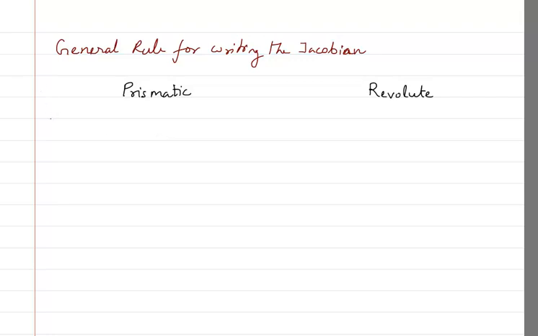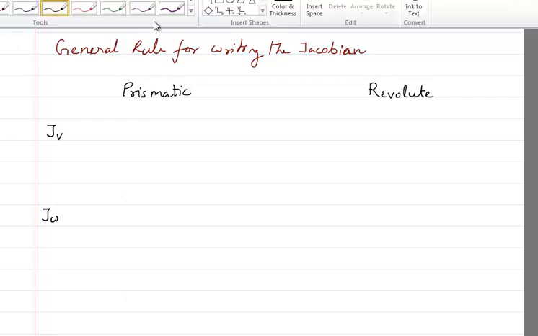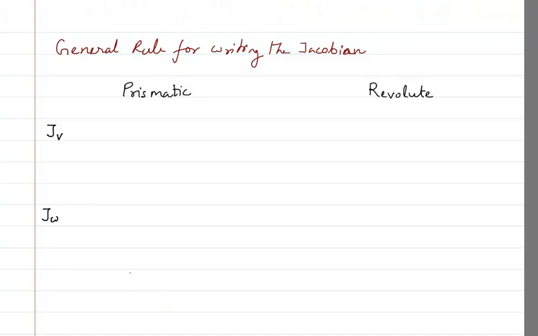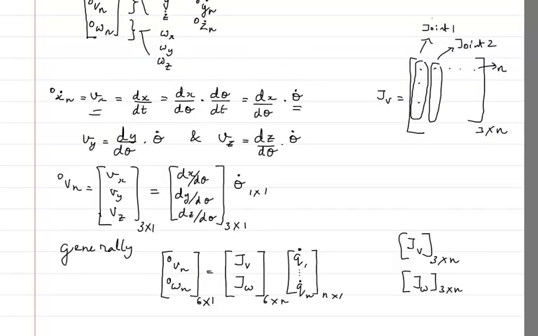I will have to write what JV is going to be, and similarly what J omega is going to be. If I is the current joint, then for each joint we will have a column.